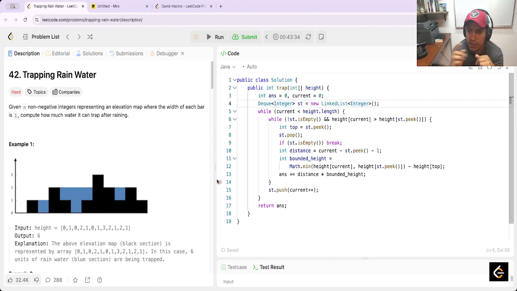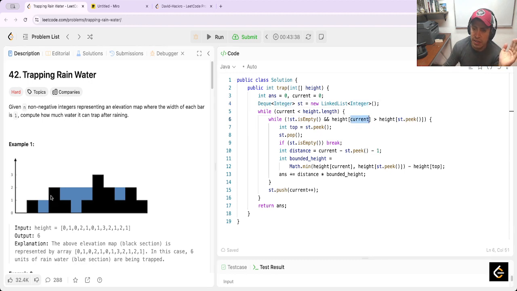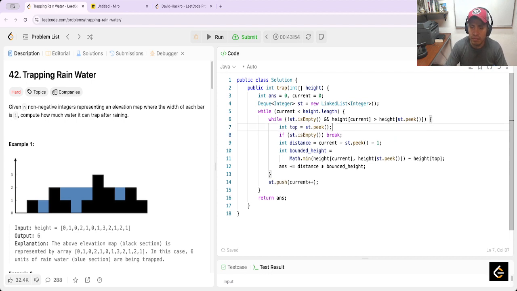Okay, it's an increasing monotonic stack, because if the current, for example, this is greater than this, it is removed. Take the element, it is removed. This is exactly the same as this.